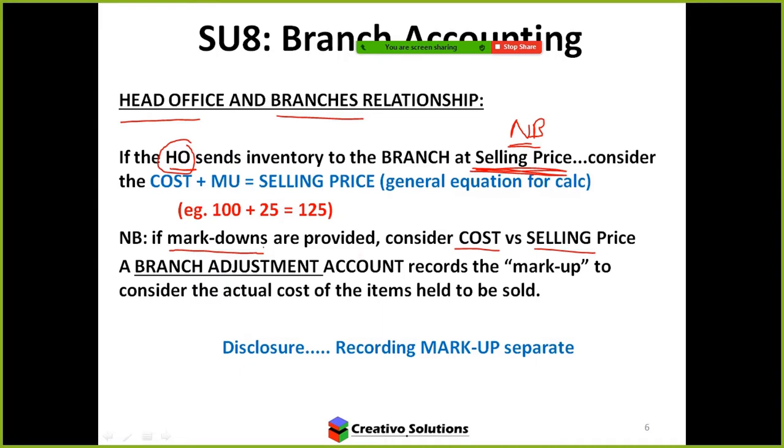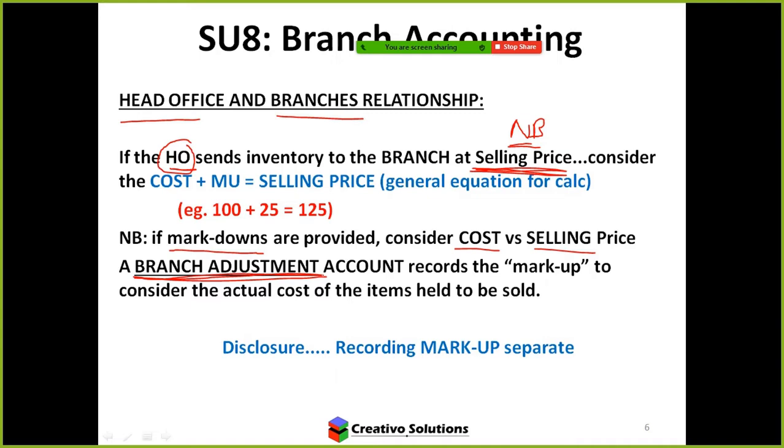So there is going to be an adjustment account that needs to be provided for. The branch adjustment account is going to provide for changes or movements in the value of that stock. That's going to be moving up and down depending on whether it's going to the branch or from the branch, or to the head office or from the head office.